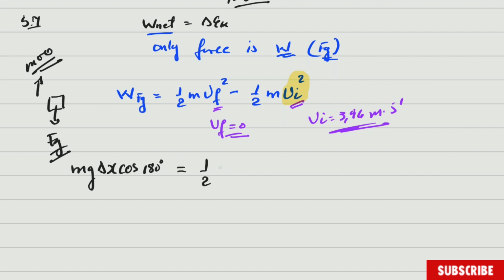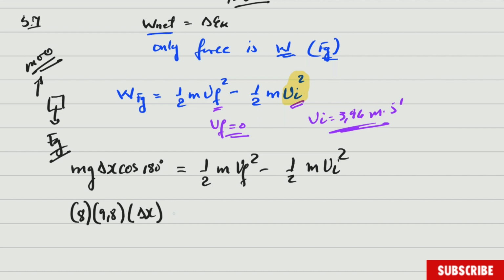This equals half mass times final speed squared minus half mass times initial speed squared. All we have to do is substitute here. Mass is 8, g is 9.8, and the displacement is what we are looking for. We don't know that one.